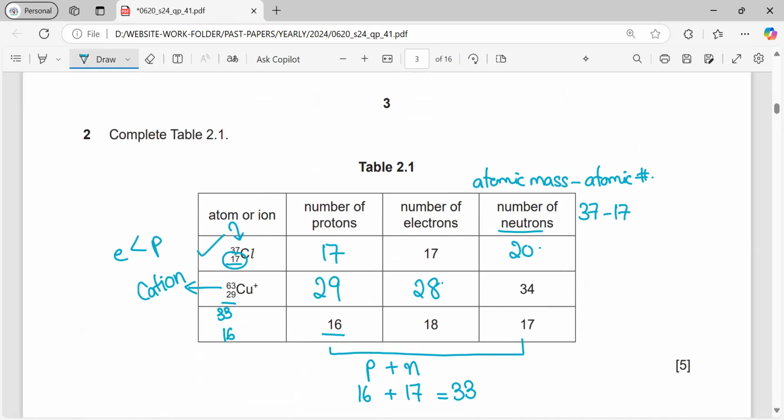You will identify from the periodic table which substance this is. So 16 atomic number is of sulfur. And as you can see, the electrons are 2 more than protons. 2 more than protons means it has gained 2 electrons. So the charge will be 2 minus. It will be an anion, sulfide ion.